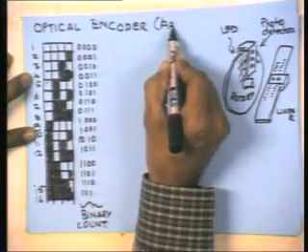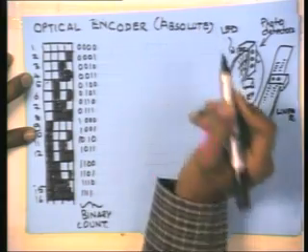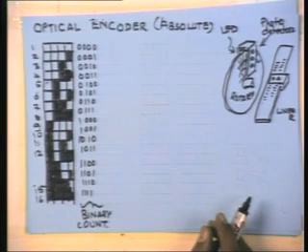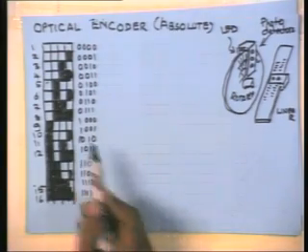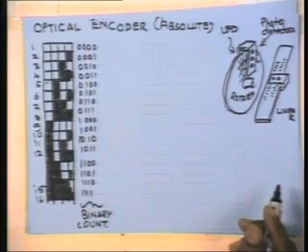This is basically called an absolute encoder. It's absolute because it doesn't depend on what the position earlier was. You can have a power failure and you turn on the machine again. As soon as the machine sees this pattern, it knows exactly what the shaft position is within the accuracy of that 16 divisions.